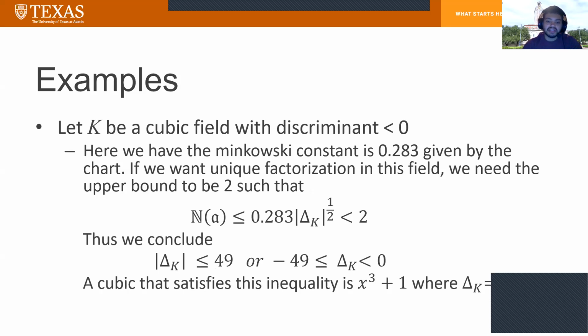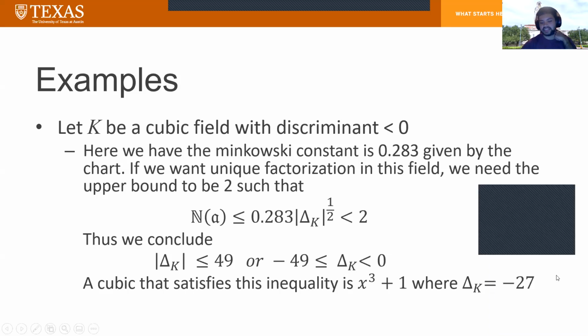And with a little bit of algebraic manipulation, we conclude that the absolute value of the discriminant needs to be less than or equal to 49, or more concretely, the discriminant is greater than or equal to negative 49 and less than 0. A cubic that satisfies this inequality is x cubed plus 1, where the discriminant is equal to negative 27.